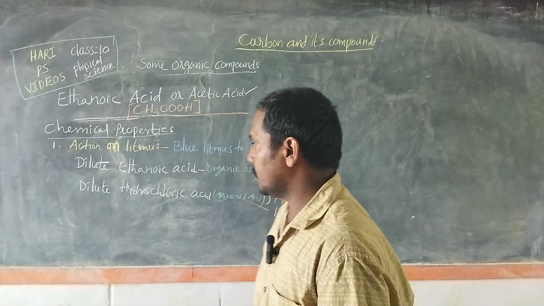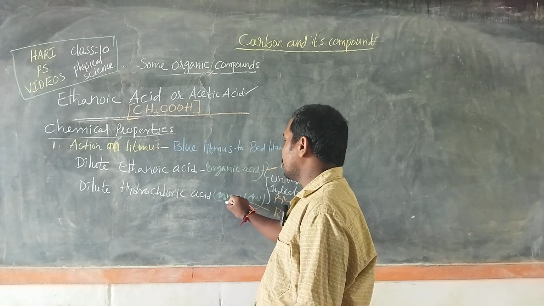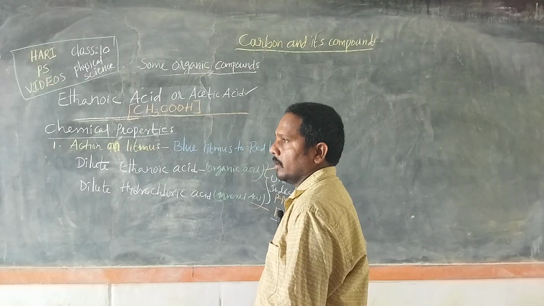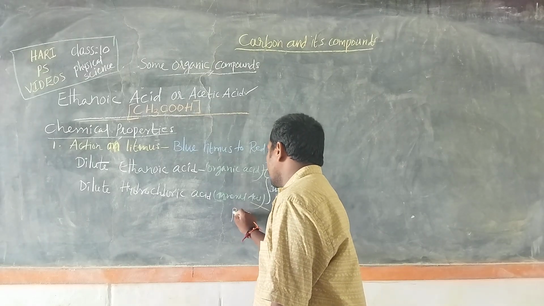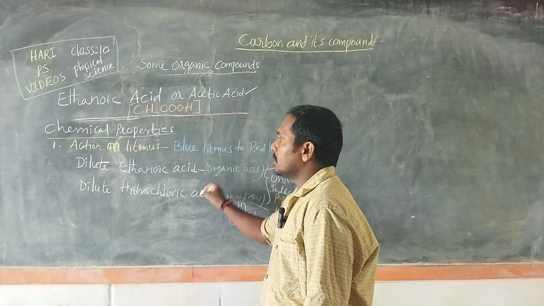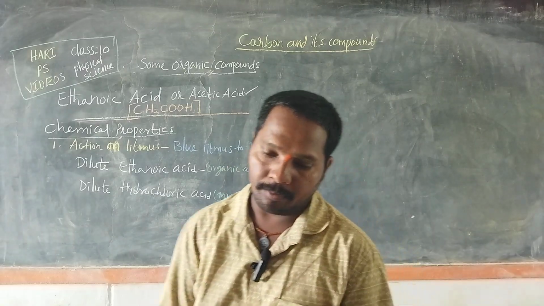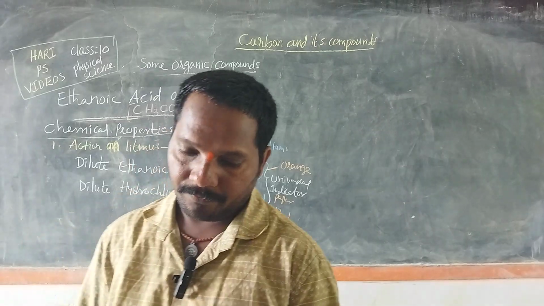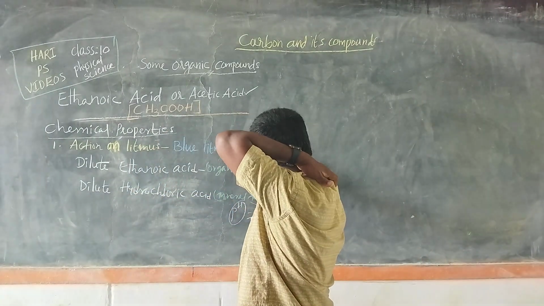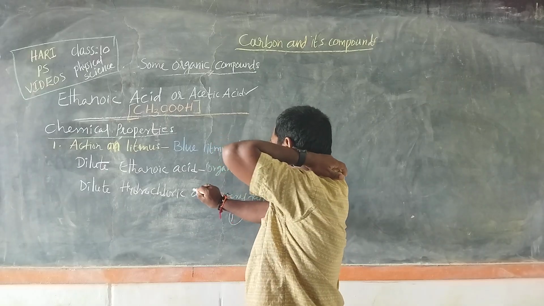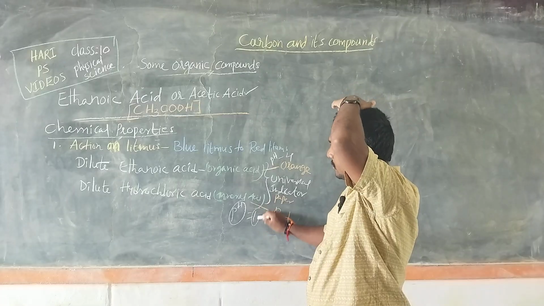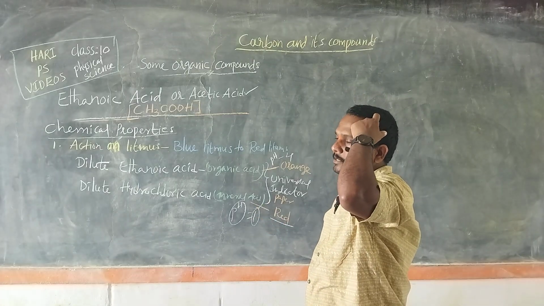The dilute ethanoic acid pH is 4. Ethanoic acid pH is 4 and hydrochloric acid pH is 1.